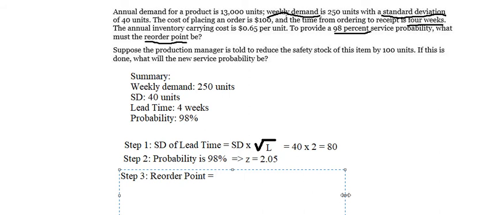To find the reorder point, we use the weekly demand multiplied by the lead time, plus the safety stock.